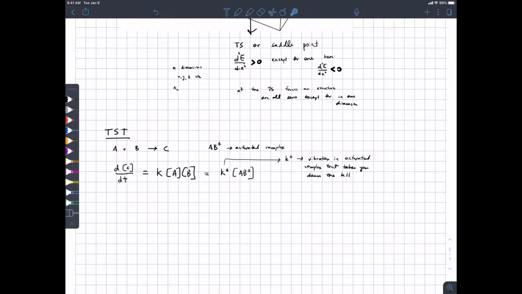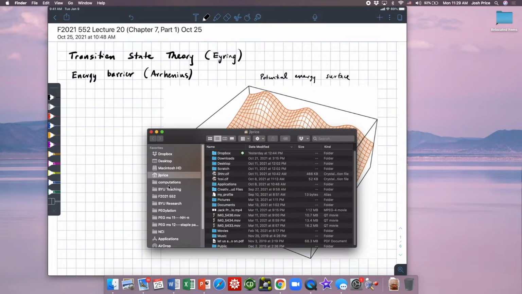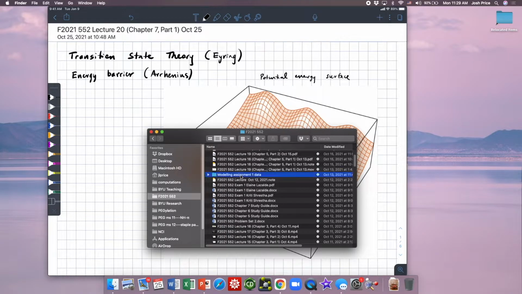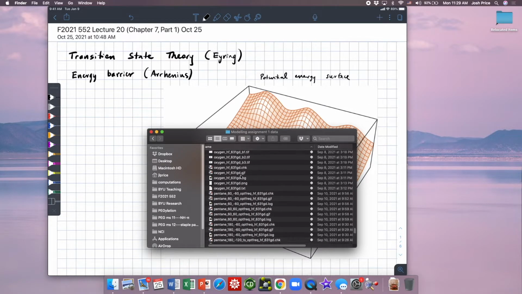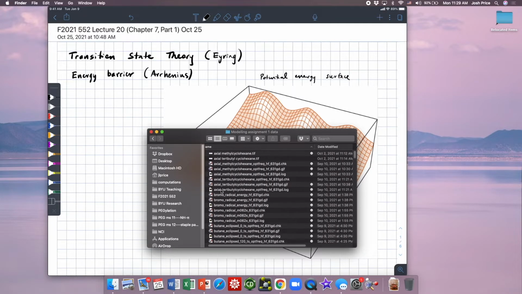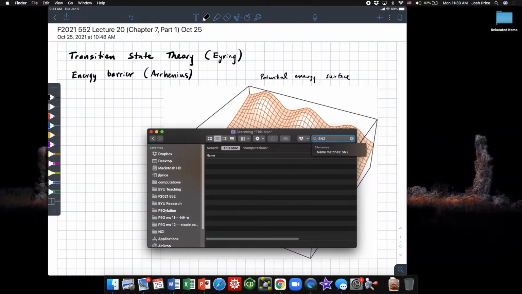And we're recording, so I'm going to show you a transition state I calculated for the SN1 reaction. Or rather, the SN2 reaction, I think, is what I wanted.